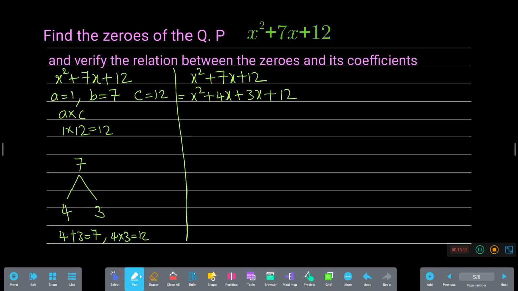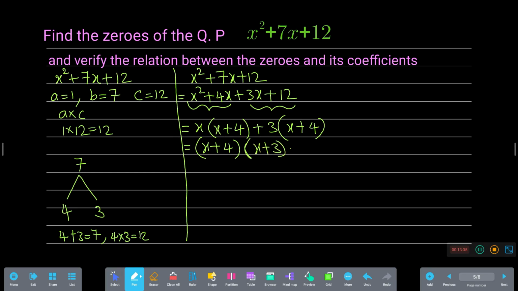plus 12. In the first two terms, take x common, we'll get x plus 4, and from the last two take 3 common, 3 into x plus 4. Taking x plus 4 common, we'll get here x plus 3.